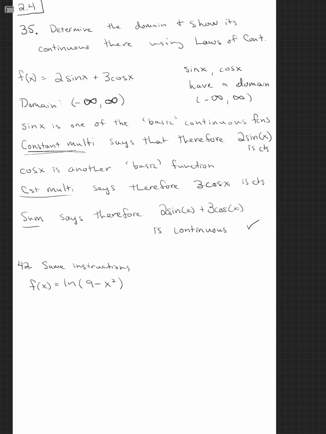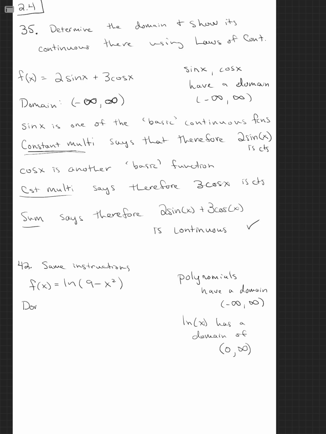So if, again, we recall back to pre-calculus, 9 minus x squared, polynomials have a domain negative infinity to infinity. And ln of x has a domain of 0 to infinity, not including 0.